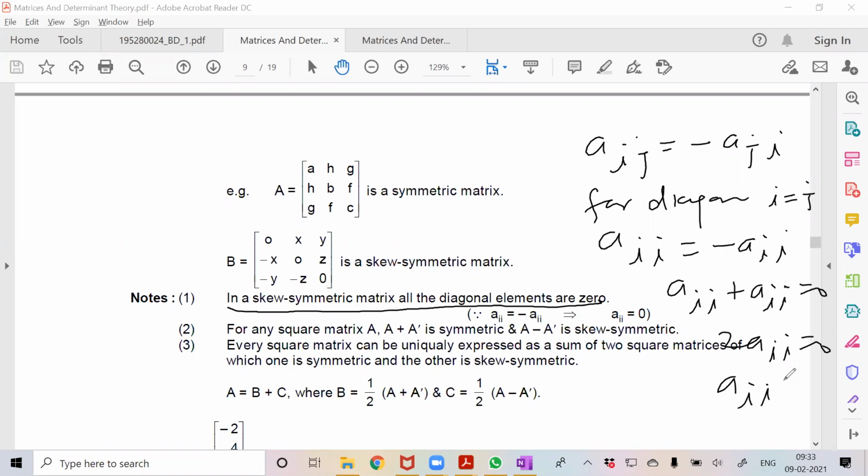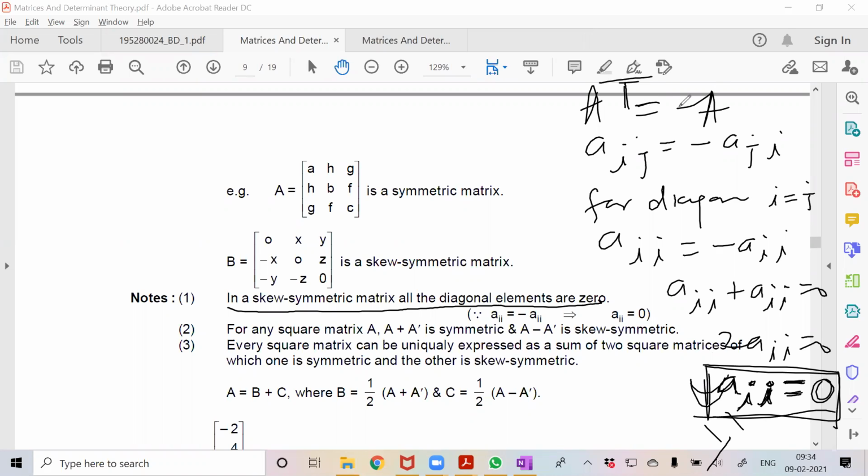So Aii would be 0. What I proved is that diagonal elements are always 0 in a skew symmetric matrix. In skew symmetric, A transpose is minus A. I started from here, then we proved this.